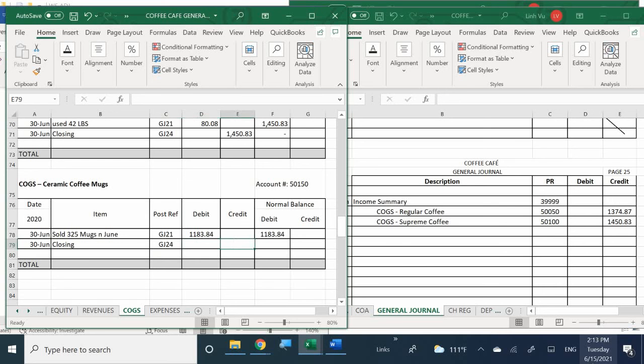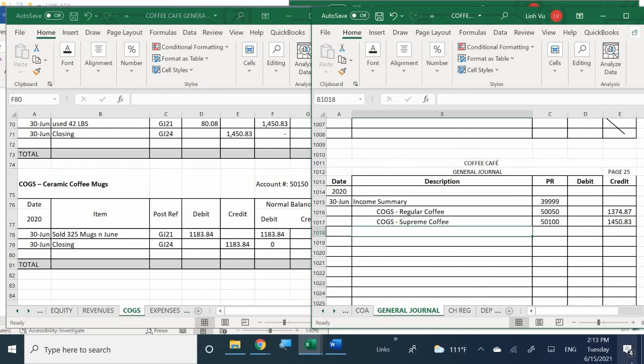How much am I going to need? 1183.84. Account number 5150 for the 1183.84.